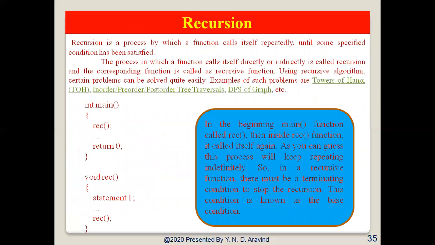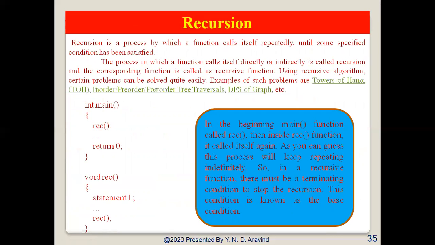See here, in this function, int main, we are invoking the recursive function. What is this recursive function doing? It is calling itself. Here we can see that there is no condition, so this program will fall into an infinite loop.